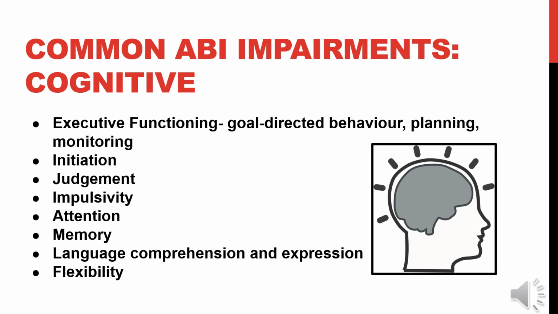Low motivation and/or difficulty with initiation, poor judgment, impulsivity, impaired attention skills and difficulty with focus, memory impairments, impaired language comprehension and expression skills, and difficulty with flexibility. For example, this means difficulty performing the same task out of sequence or in a different setting.